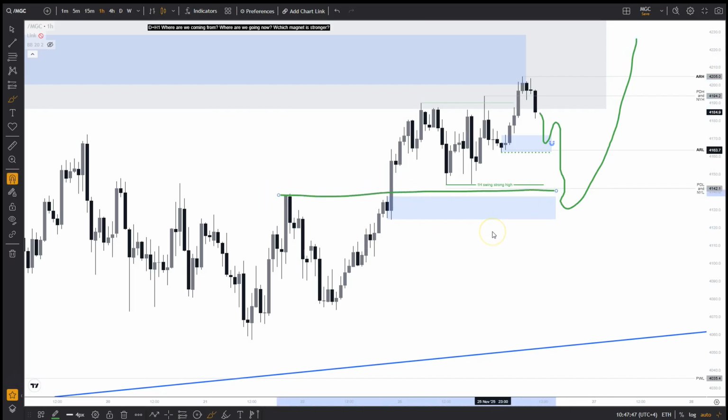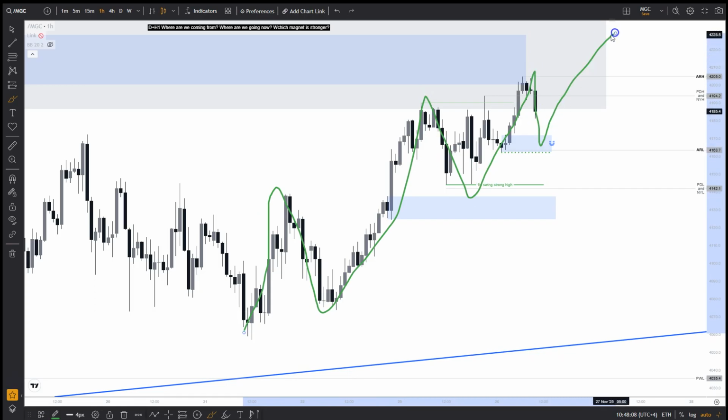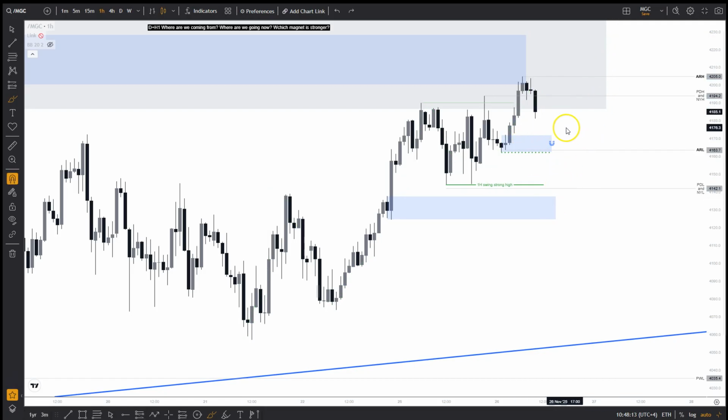Because of this higher time frame, even though we are bullish on 1H, we expect some sort of correction here. Is this gonna happen now, or will the price continue higher before going down?